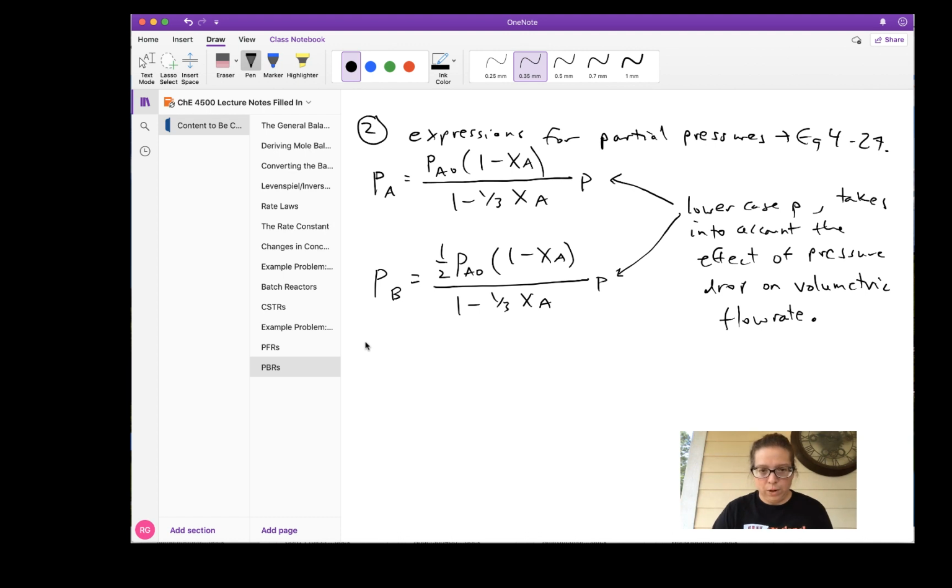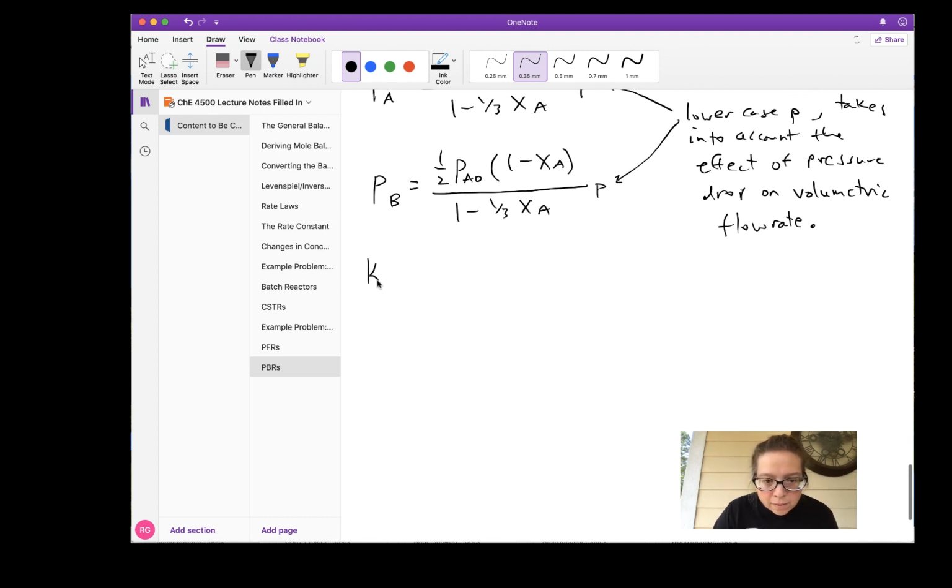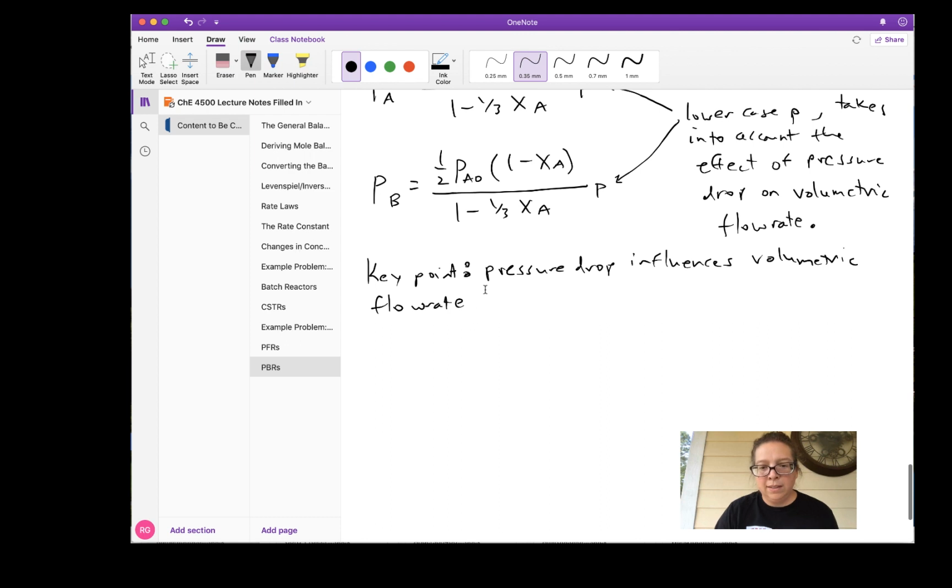This is now the key point that we need to start including this when we have pressure drop. So we'll say key point: pressure drop influences volumetric flow rate and hence concentration.